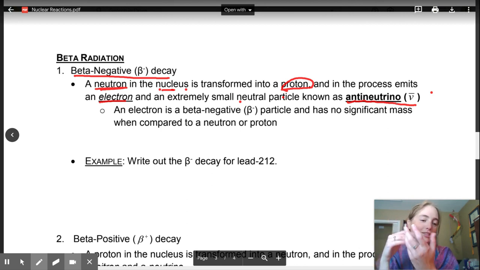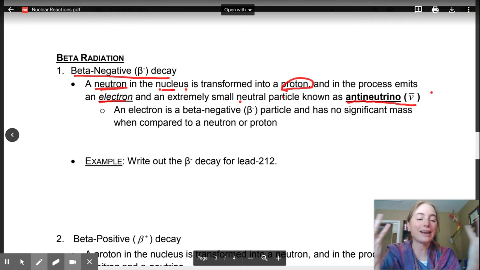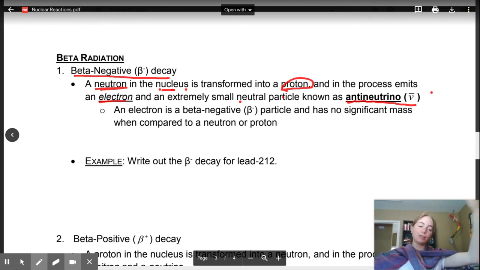there's neutrinos and antineutrinos. Now, when matter and antimatter, say a positron and an electron, are going to collide, they're going to annihilate. They're going to completely disappear into a fiery ball of radiation and energy and light.